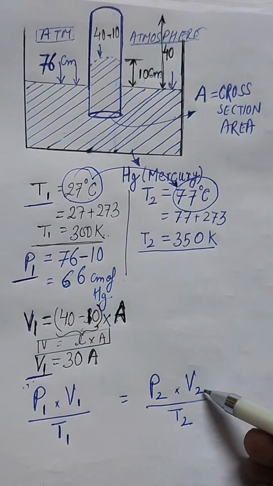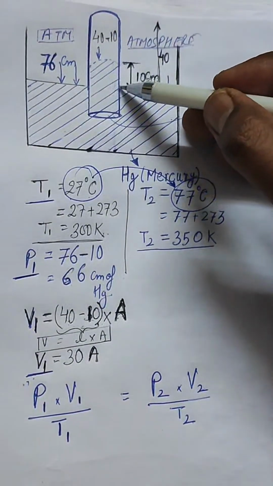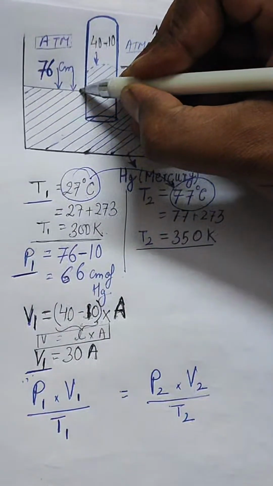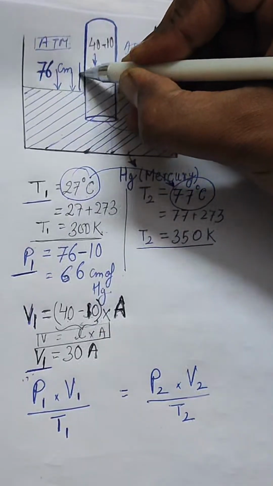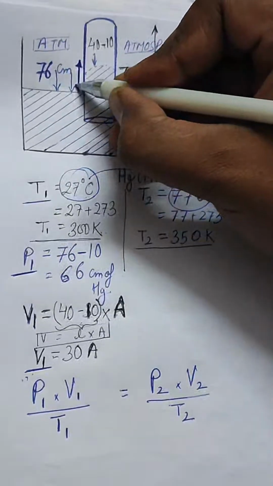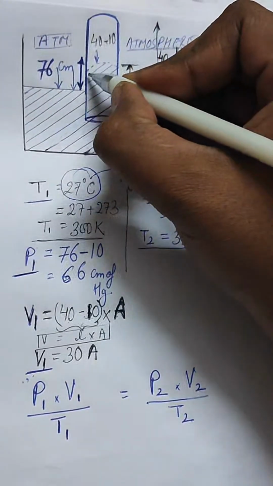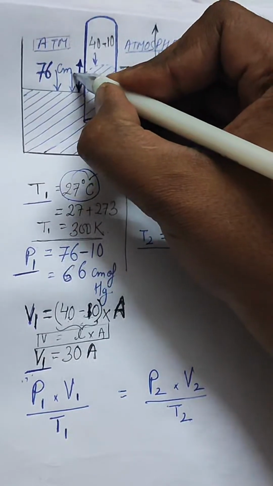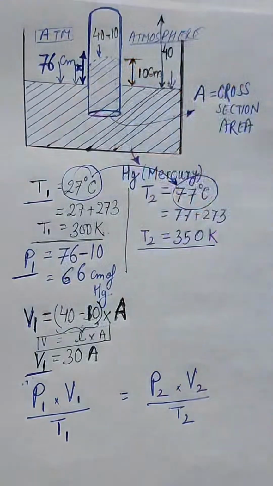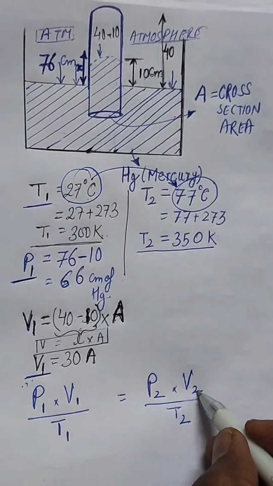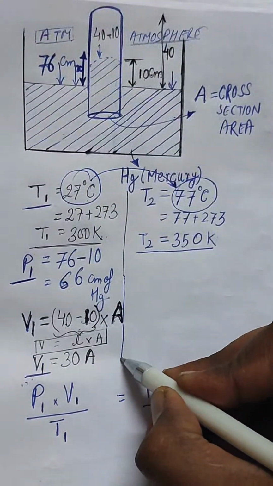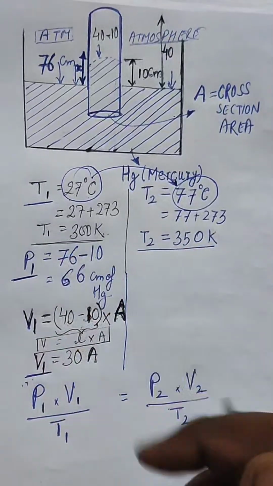My dear friend, let us say the mercury is rising to a level of x centimeter from this surface, right? If this is x, I am considering the second case which is being asked. Then you can see volume will be V2 here in this case. Let me put a line so that you can easily understand. This is the first case, this is the second case.